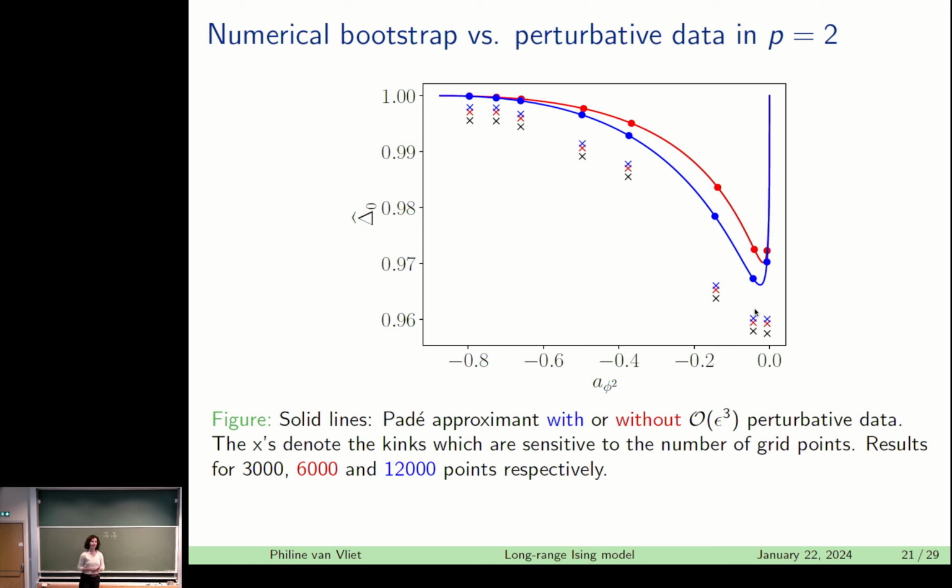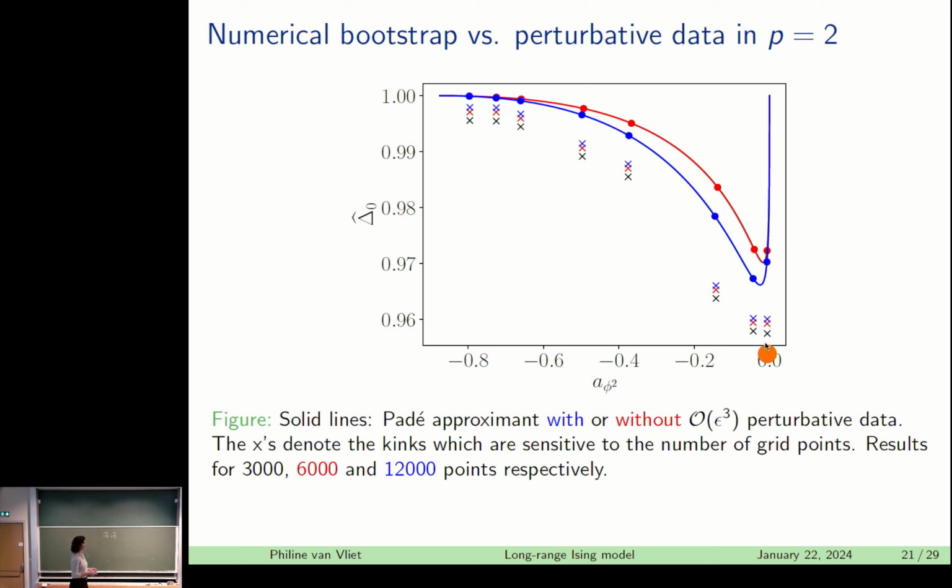Yes, a few questions. So first, is there a one-to-one relation between this a phi squared and the parameter s? As you move across this picture, s increases or decreases. Yeah, indeed. The relation is actually with delta phi, but you can show that for each delta phi there's going to be one value of a phi squared that would be valid for the long range Ising model.